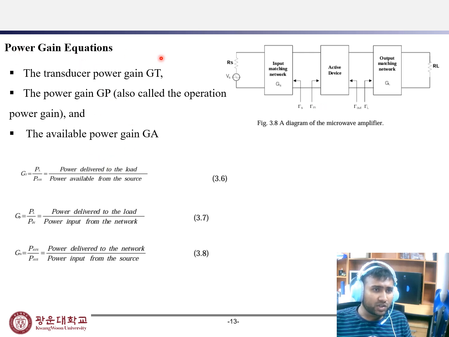And power gain equations: the transducer power gain GT, the power gain GP, also called the operating power gain, and the available power gain GA. From this figure 3.8, a diagram of a microwave amplifier. Here is the input matching network, the active device block, and the output matching network with load resistance.